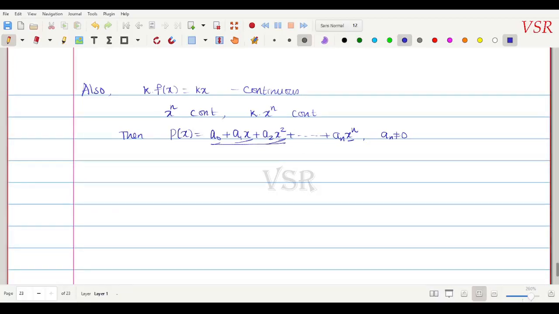So this implies that p of x is a continuous function, where p of x is a polynomial in a single variable.